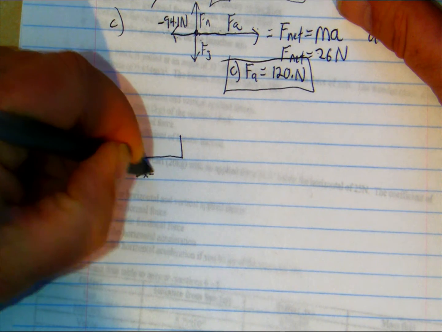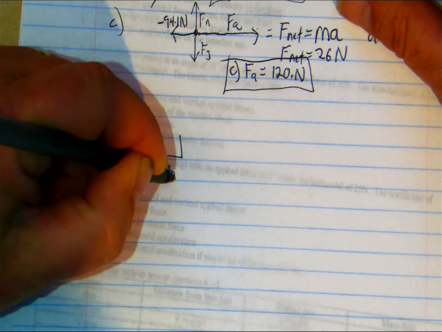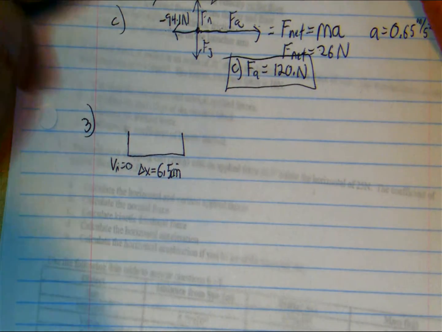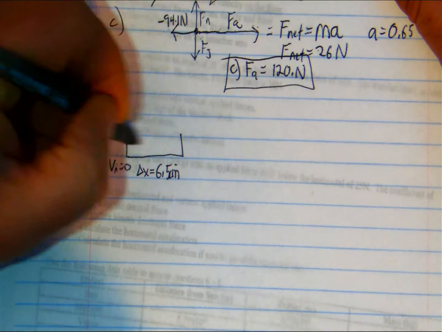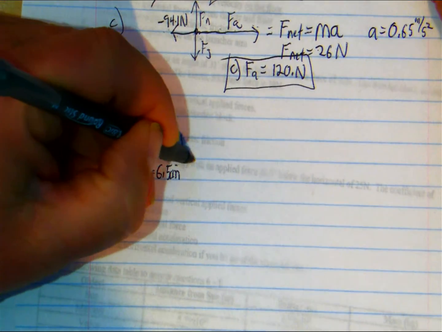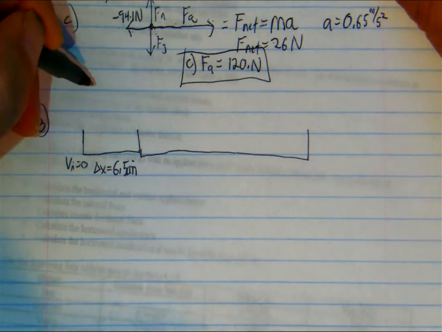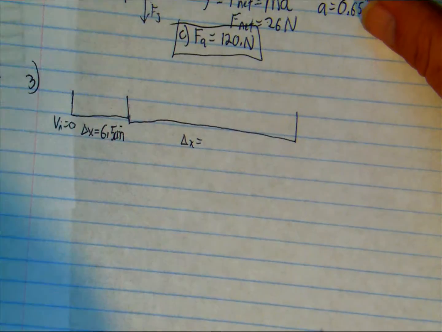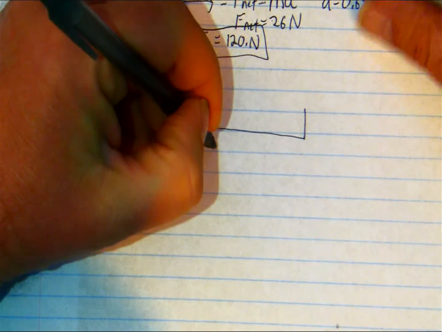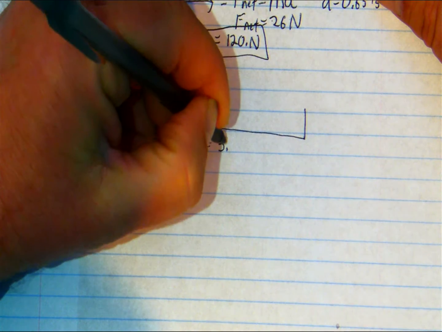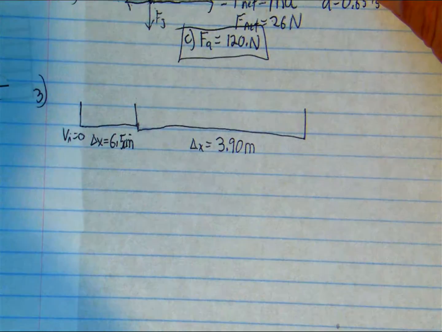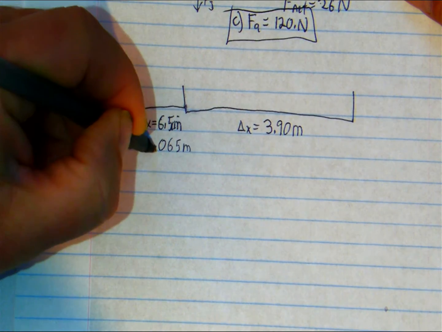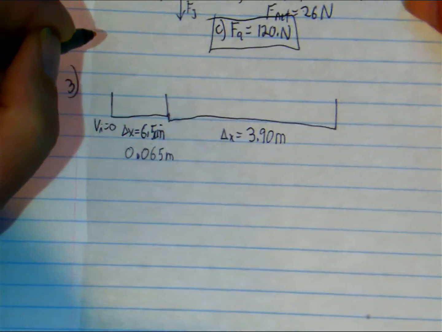It accelerates at some constant acceleration over a distance of 6.5 centimeters, and then it begins coasting, not to scale clearly, over a distance of 390 centimeters, which I'm going to convert immediately to 3.90 meters. And by the way, 6.5 centimeters is actually 0.065 meters when it comes around to it later on.